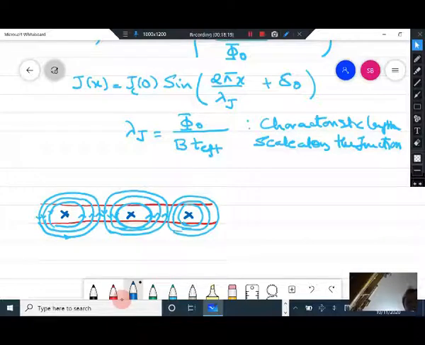Let me draw the sinusoidal variation of this current. This current is changing sign periodically as you go along the junction.